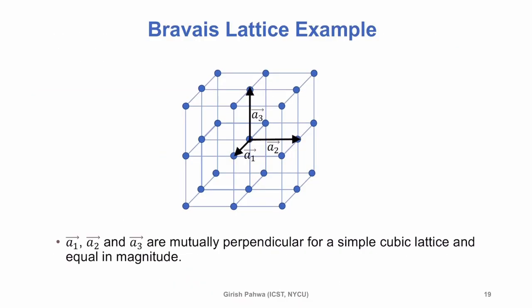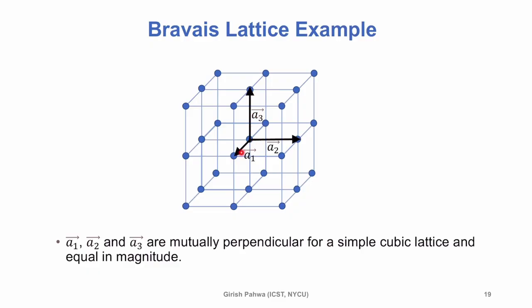Let's take a 3D example. So this is a simple cubic lattice. Simple cubic lattice means it's a cubic lattice, 3D, right? Because it's cubic, all the three sides have the same magnitude. This side and this side are equal. Okay, so a1, a2 and a3, these are three primitive vectors here, and they have an equal length.